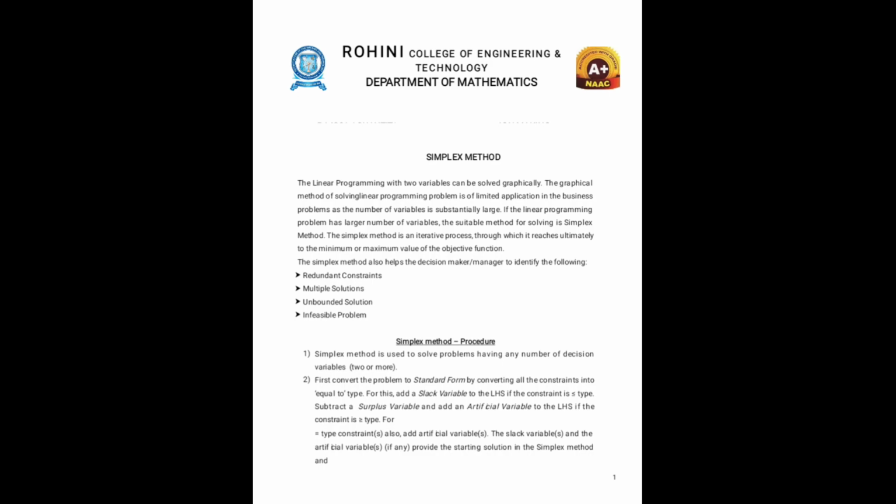Subtract a surplus variable and add an artificial variable to the LHS if the constraint is greater than or equal to type. For equal-to type constraints, also add an artificial variable. The slack variables and the artificial variables provide the starting solution in the Simplex method.